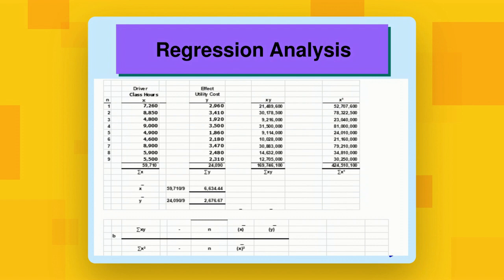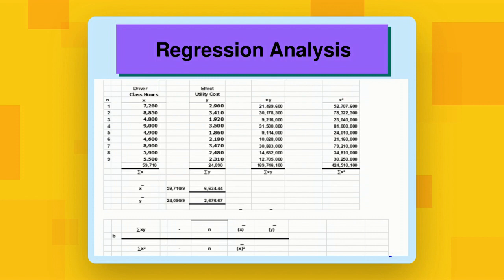Alright, so in class yung formula natin. So how much would be the summation of X squared? 424,510. Then after that one, ang gagawin natin ay, we should average our X. And the average of X is 59,710 divided by 9, and you have here 6,634.44.